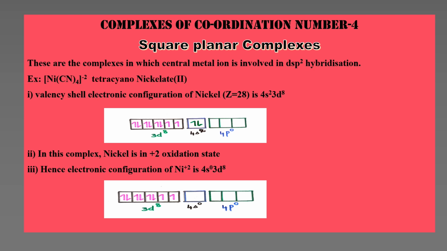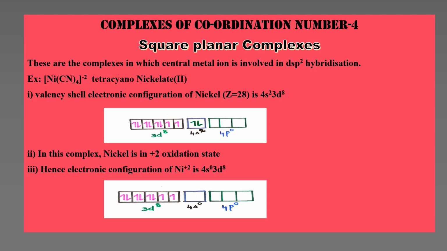Hence the electronic configuration of Ni+2 in its outermost shell will be 4s0 3d8.